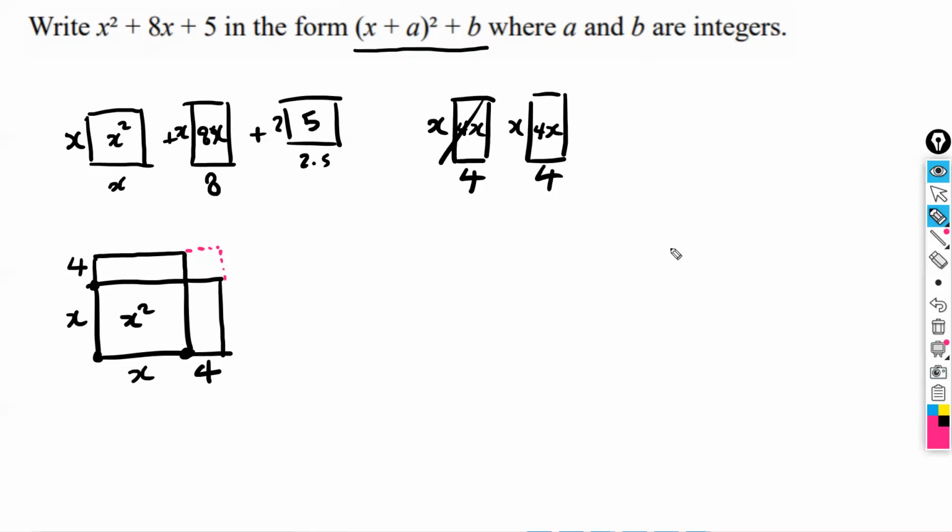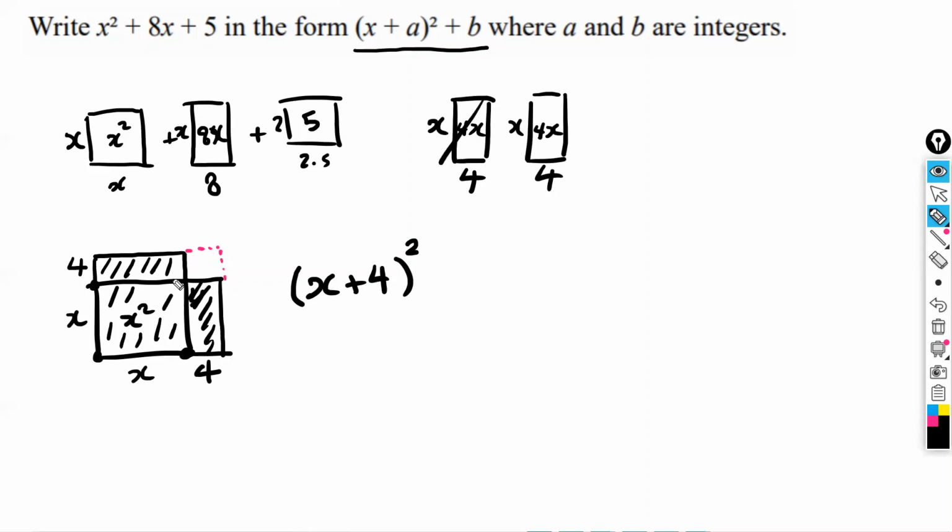So that's going to give us x plus 4 multiplied by the base, which is also x plus 4, so it's going to be (x plus 4) squared. However, I only want the area of the shaded region, so I must subtract this bit away.